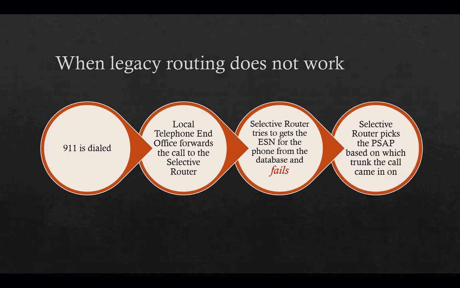When that happens, the selective router says, oh, I'm going to send this to the 911 center that I think it should go to, based on which trunk the call came in on. And a trunk is just a telephone line that's designed to carry a whole lot of signals at one time. And so your local telephone company has a trunk from their office equipment in your area to the selective router.